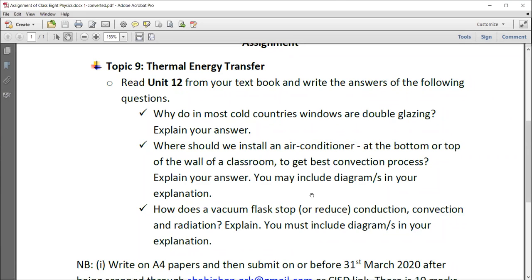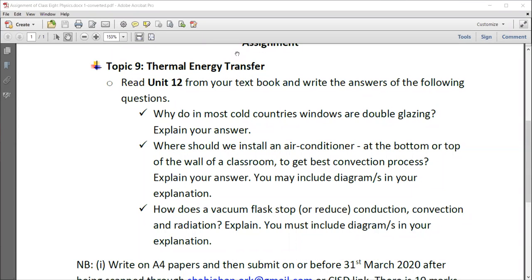Earth has one atmosphere layer, but after the atmosphere layer, there is vacuum, isn't it? Vacuum means there is no air, no solid, no liquid, no medium, right? Clear to you, everyone?